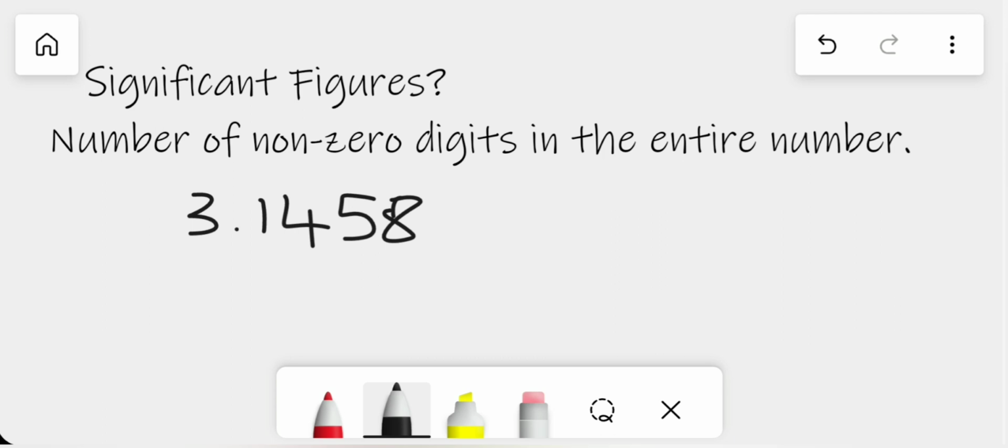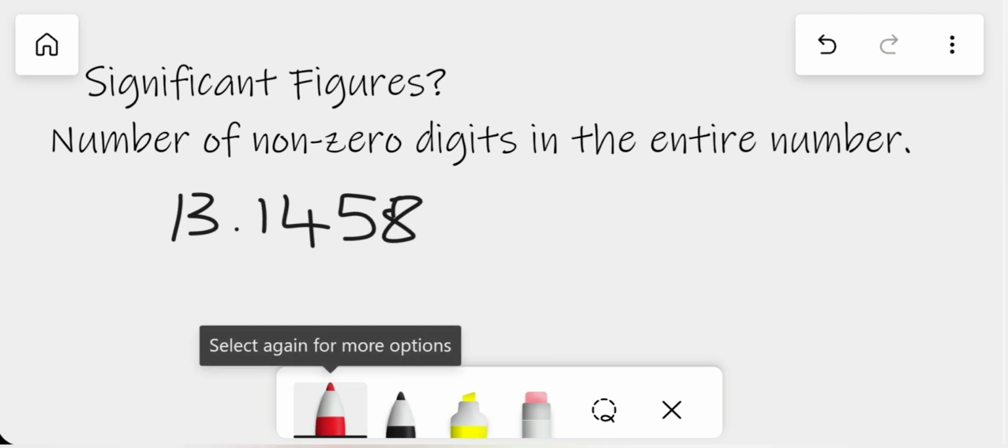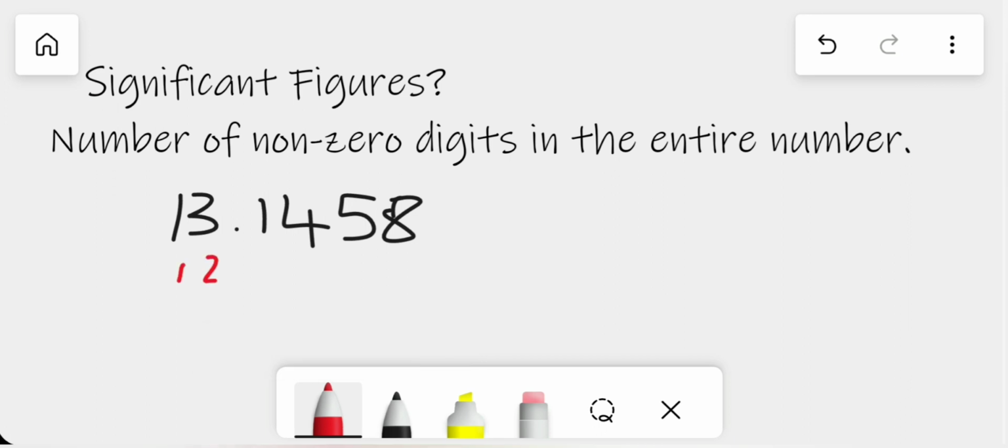It would be the number, so it's a total, so in the entire number that is there, let me even add something at the front, 13. The number of significant figures here would be all of these numbers once they're not a zero. For example, 1, 2, 3, 4, 5, 6, right? So as you can see, this will have 6 significant figures.